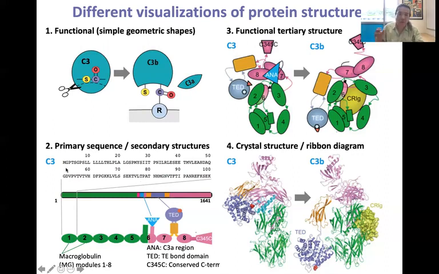So this is the first 100 amino acids that make up the complement C3. And if you've taken intro cell biology, you recognize that these are the single letter abbreviations of amino acids: methionine, glycine, proline, threonine, serine, etc.